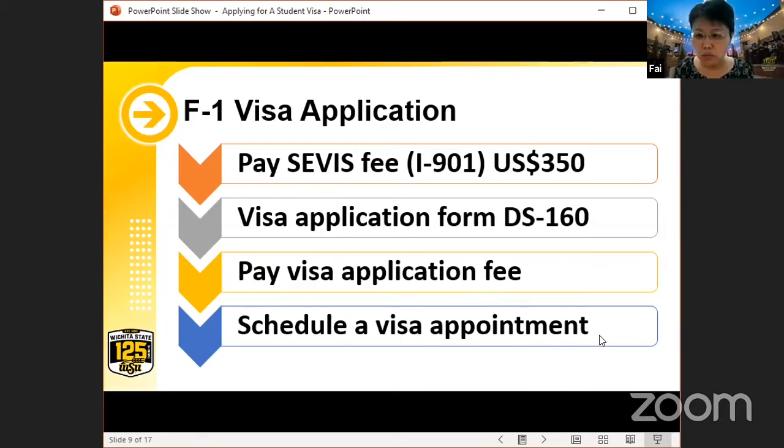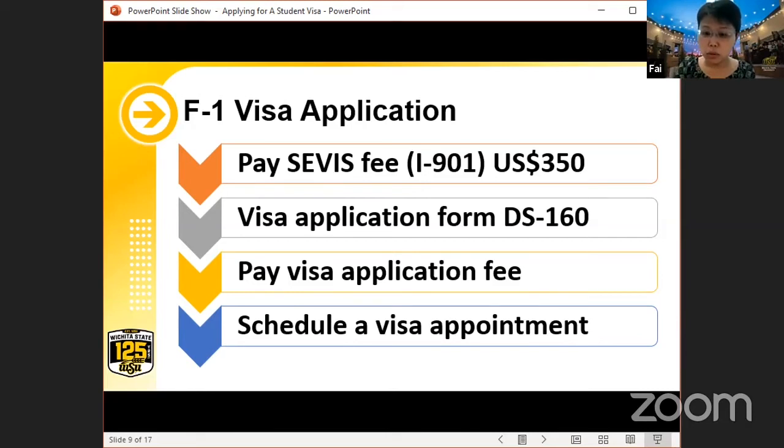Now, during COVID, a lot of embassies are showing really long waiting times. For example, in Nigeria, it may be showing 200 days for a visa interview, and you will be thinking, well, there's no way I can go. So what do you do? You still go through the regular visa application and get an appointment first.